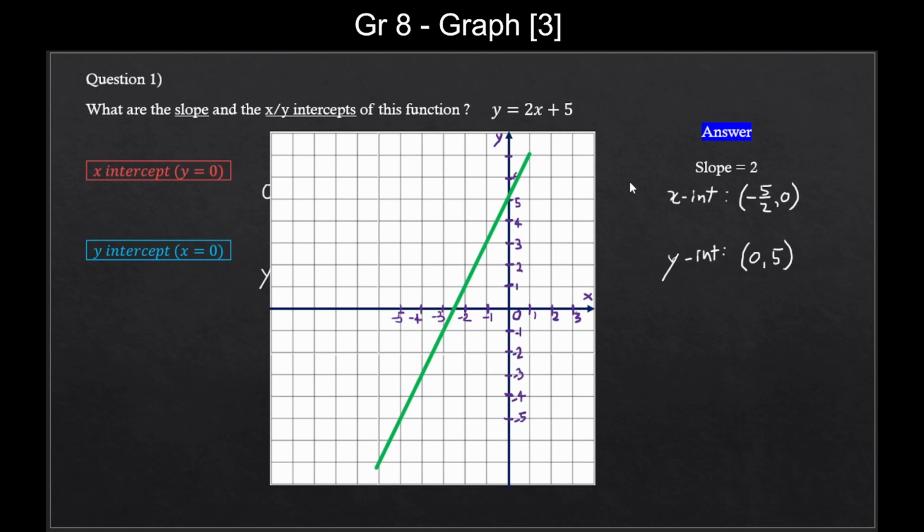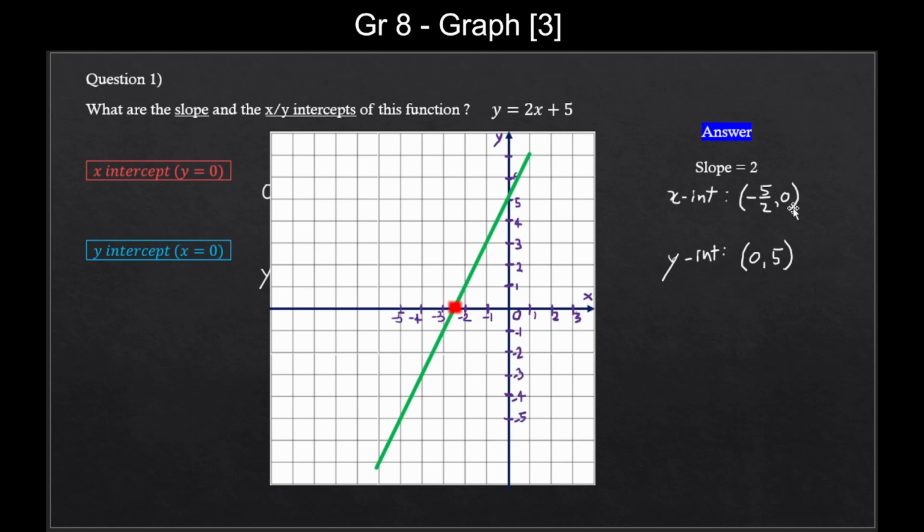Now let's see where the intercepts are. Where's the x-intercept? Here, right? It's in between minus 2 and minus 3. So that's minus 2.5. Oh, isn't negative 5 over 2 the same thing as negative 2.5?